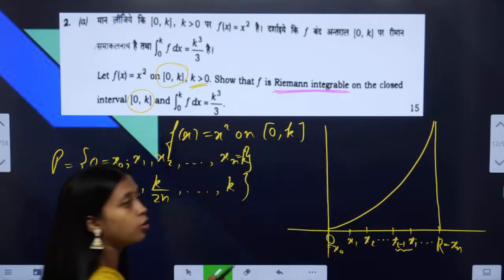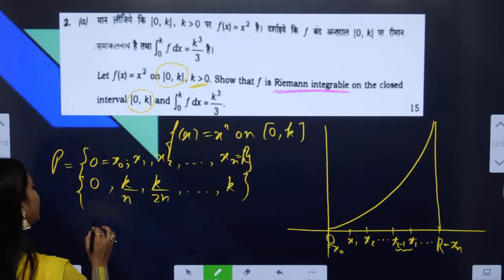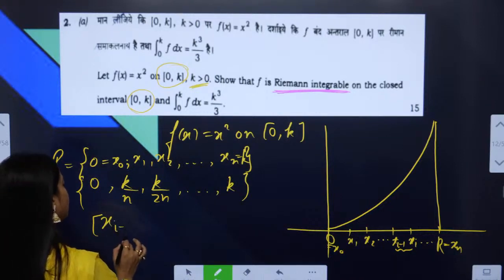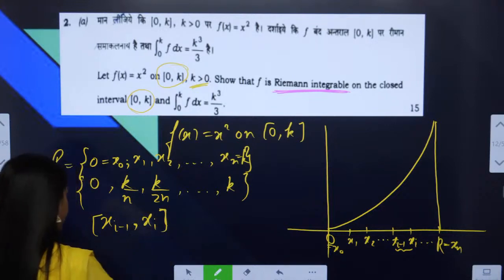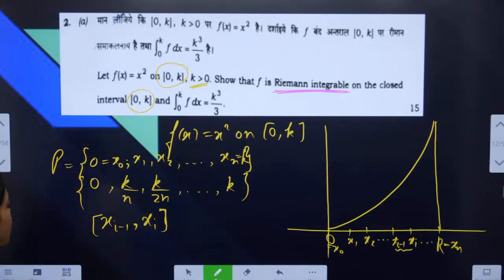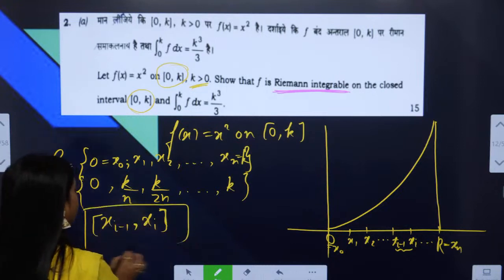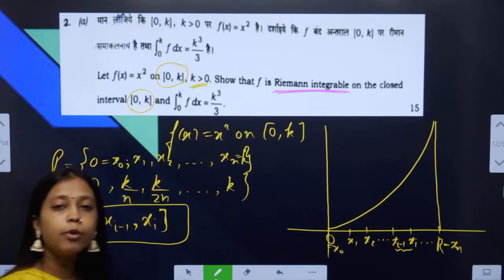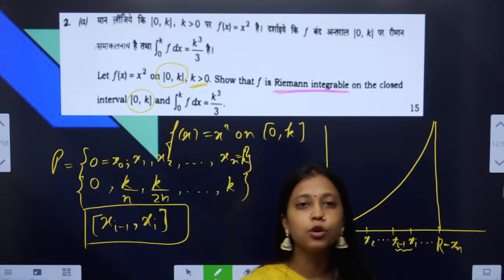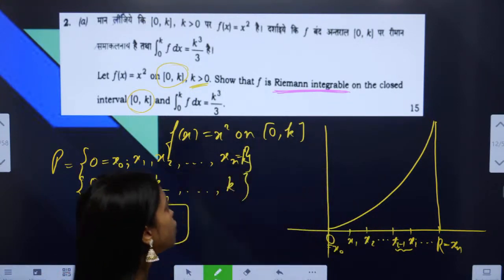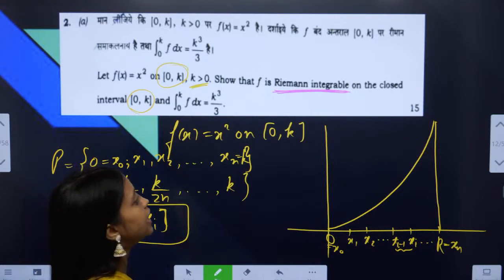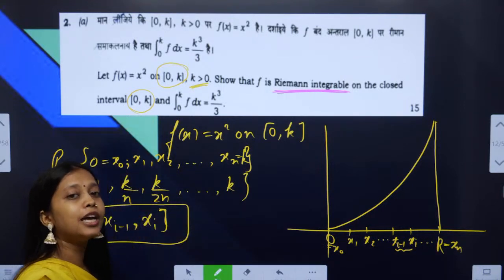So, if I talk about a general subinterval, let me take that to be x_{i-1} to x_i. This is the general interval that we consider. Now, in this subinterval, let us talk about small m_i and capital M_i, because that will help you to calculate your LPF and UPF. And after that, what you need to do? The lower Riemann integral and upper Riemann integral have to be the same.